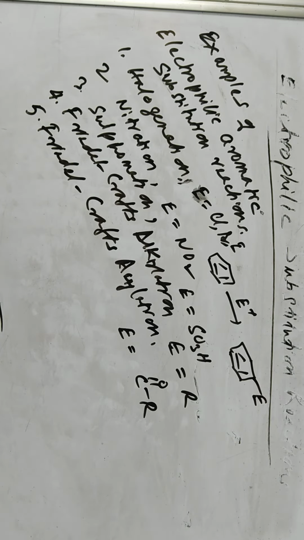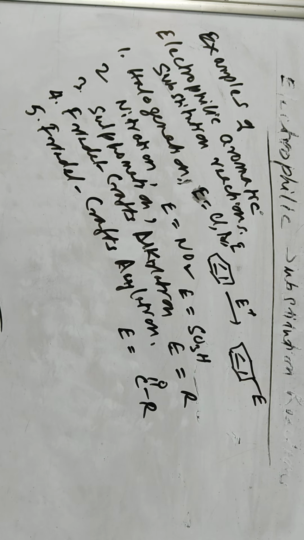In electrophilic aromatic substitution reactions, benzene itself acts as a nucleophile because of the pi electrons delocalized above and below the ring. Benzene is already rich in electrons, so it can attack the electrophile, giving electrophilic substitution.